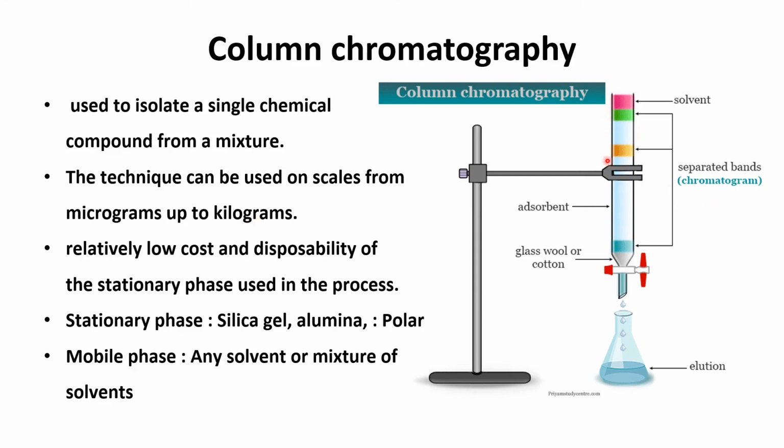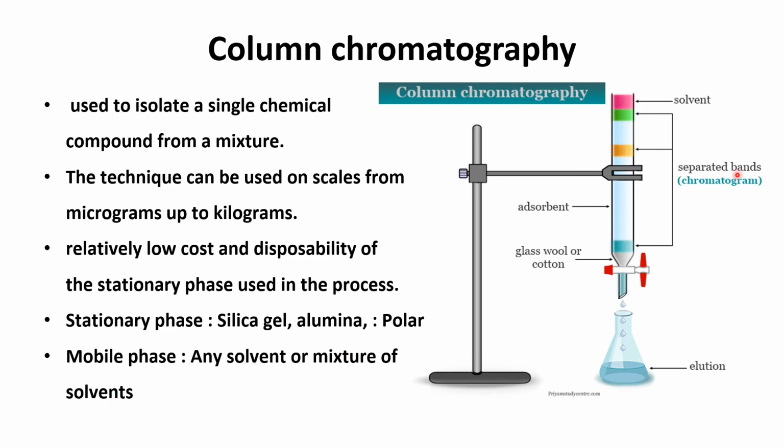So this process can be used in factories or industries also to separate the reaction mixture. It has relatively low cost, and the stationary phase is disposable. The stationary phase here is silica gel or alumina, and again they are polar, and the mobile phase can be any solvent or mixture of solvents.